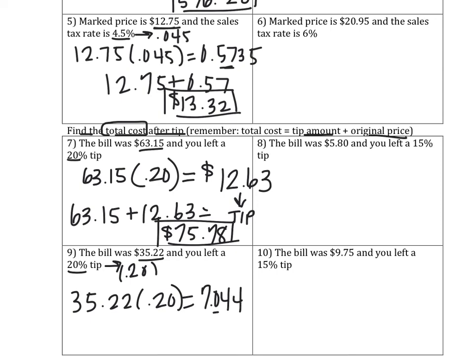We've got to turn that into money, which is 2 place values, so it's going to be $7.04. So it's going to be our original amount plus the $7.04. So our total bill is going to come to $42.26.